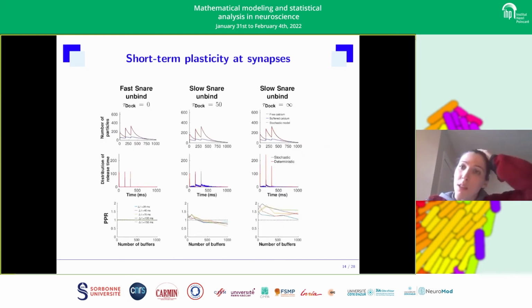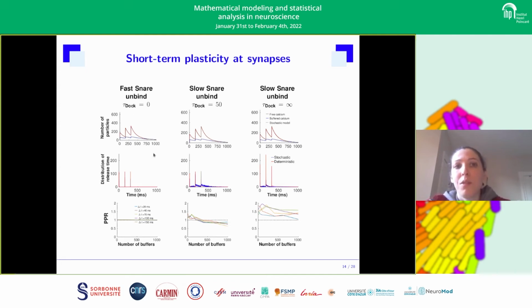So what we wanted to investigate at the beginning, and this is probably as far as I will have time to go, is that by changing some parameters in our full model, we could see that depending on some properties of your SNARE complex, the complex of proteins that is attaching the vesicle to the membrane, depending on the dynamics of this complex that is not yet well known and is under debate, you could, with the same calcium dynamic, obtain very different release times.